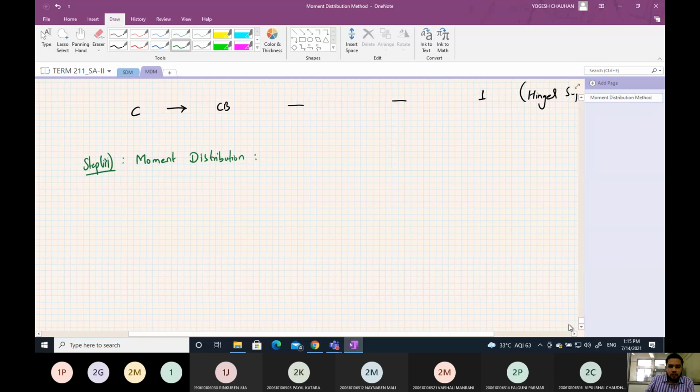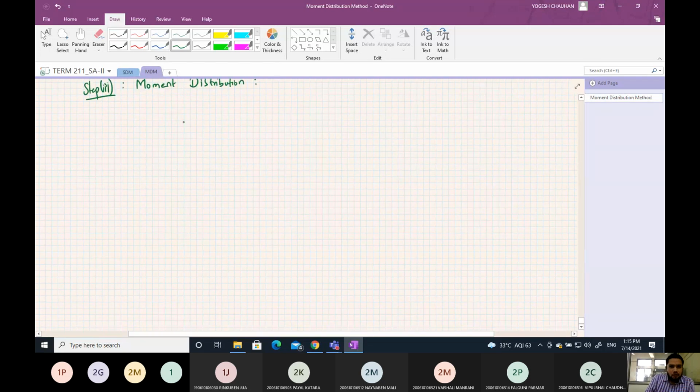For that, again we make a table. Joint A, B, C. Here we mention the joints and the members connected to that joint. So A is connected to AB.